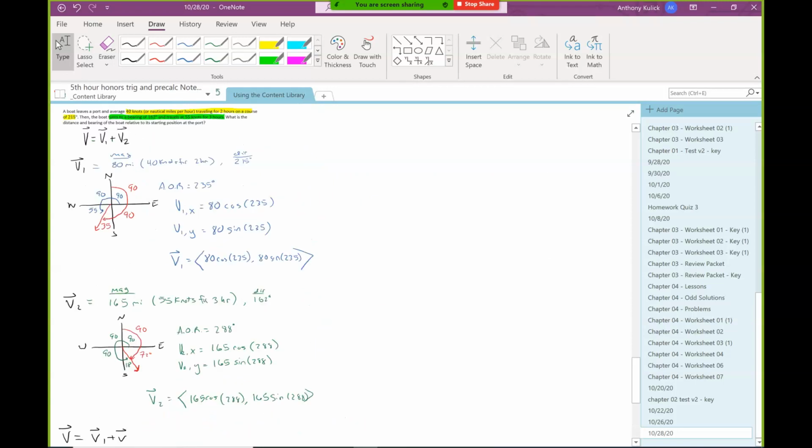In order to do that, I had to translate from a direction into an angle of rotation, and then calculate the x and y coordinates for that vector. I did that for each vector.